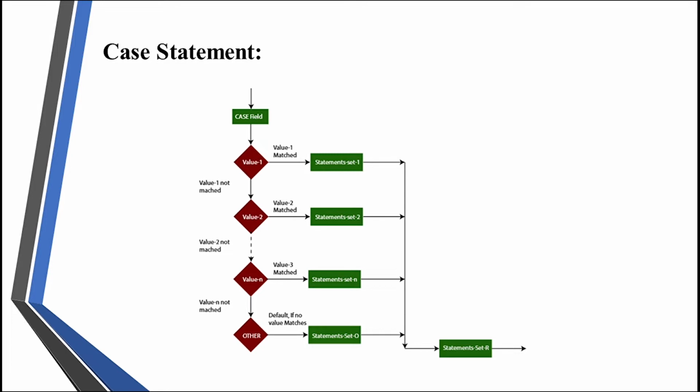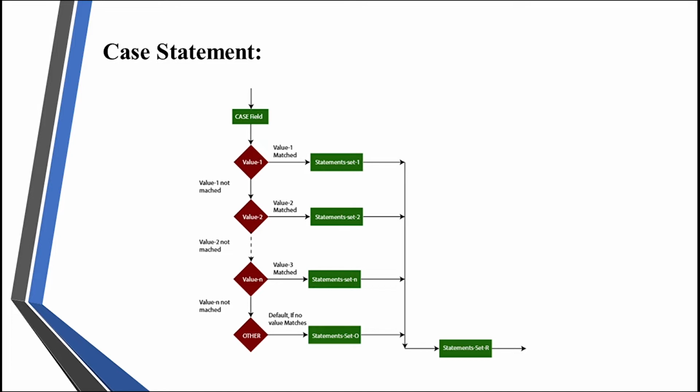For that case field, value 1, value 2, value 3, value 4 and so on, value n and others. If value 1 is matched, then statement set 1 and statement set r, that means the continuation statements, will be executed.